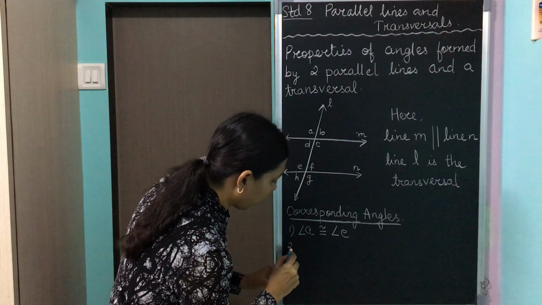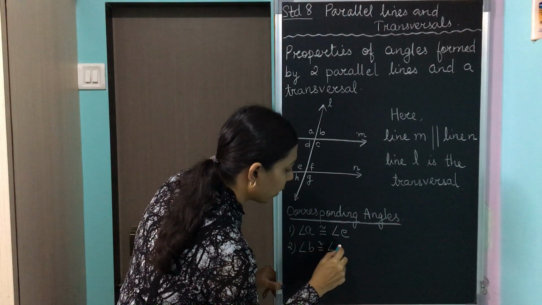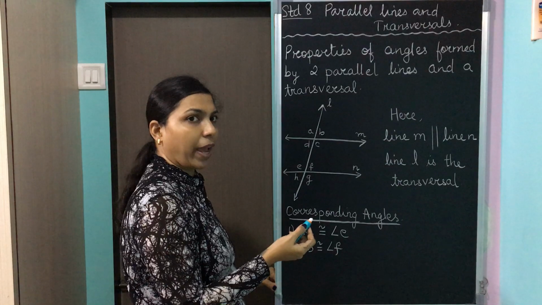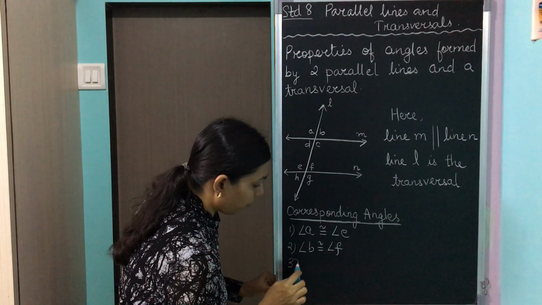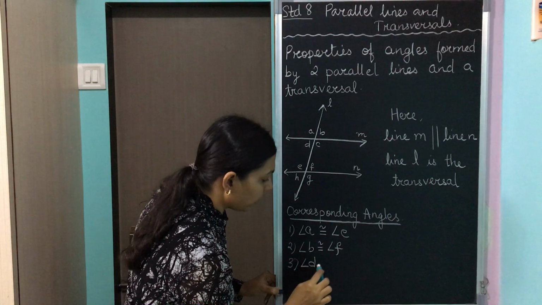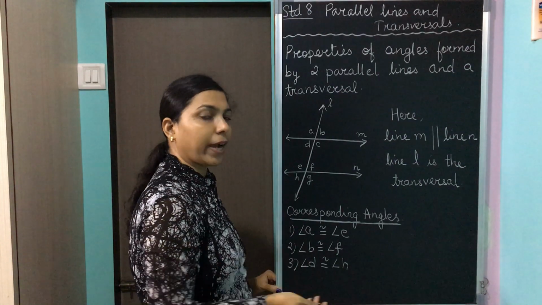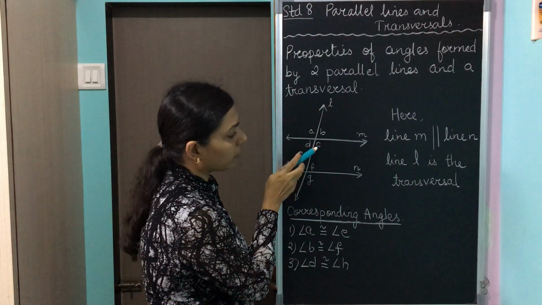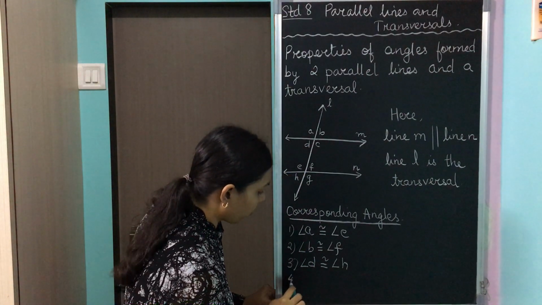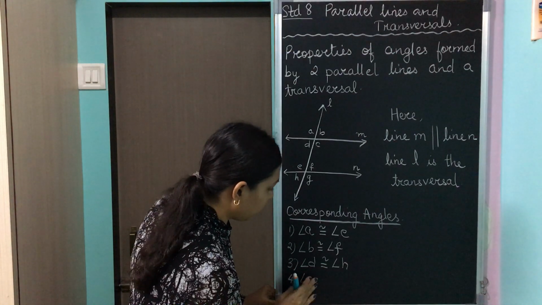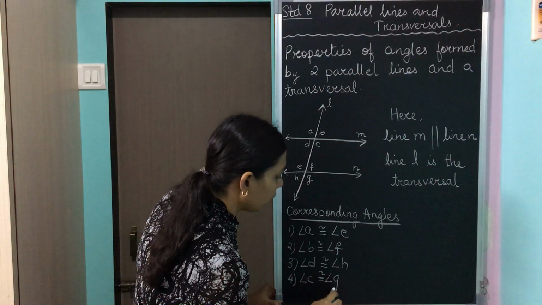So your second pair, angle B is congruent to angle F. The next pair of corresponding angles, D and H. So the third pair, angle D is congruent to angle H. And finally, the last pair of corresponding angles, angle C and angle G, are also congruent. So the fourth pair, angle C is congruent to angle G.